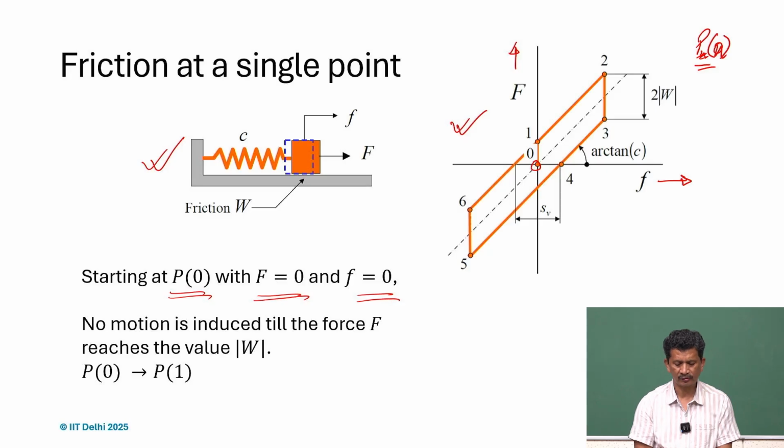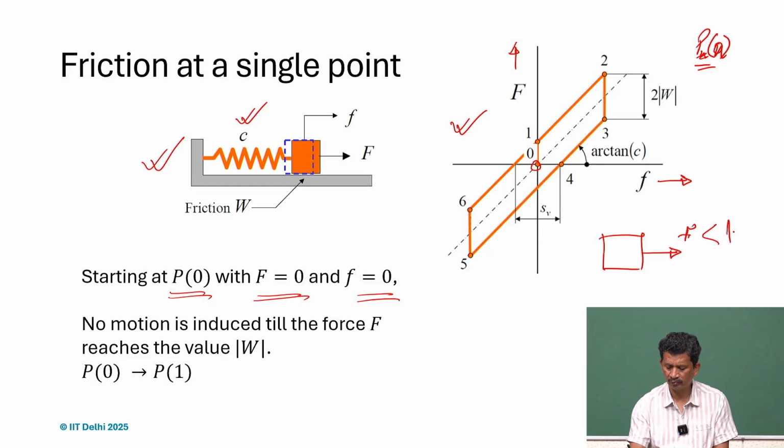What happens in this case? What happens when we start applying the force? Although there is a spring attached here, if there is no deflection, there will be no spring force acting. So if a force is applied which is smaller than W, it will be simply adjusted by this W, the friction force I would say, which is equal to F, and it's self-adjusting.